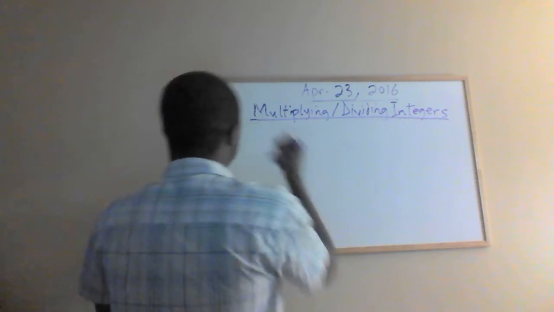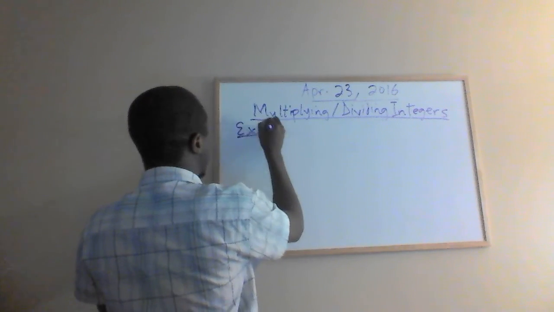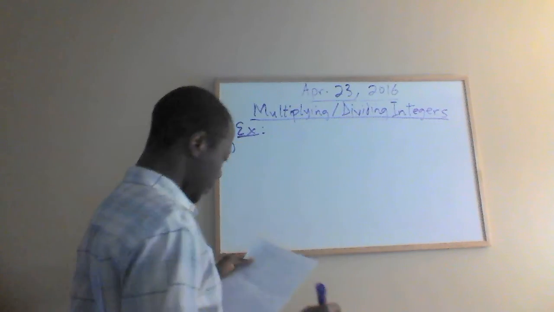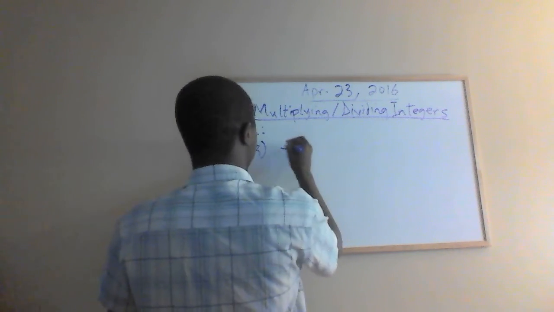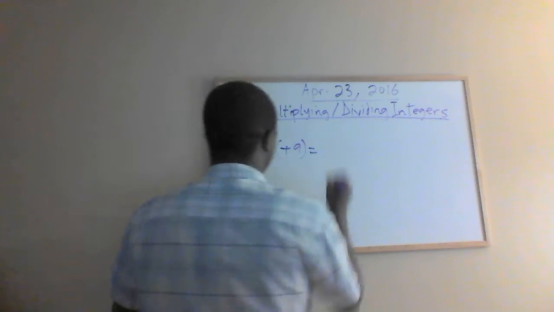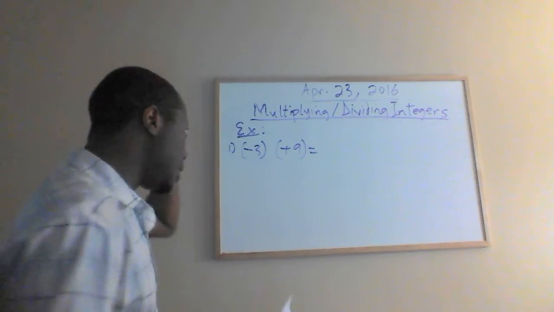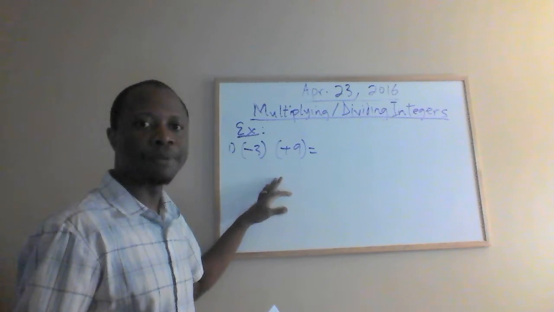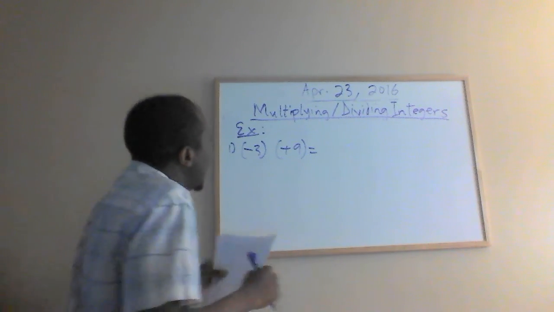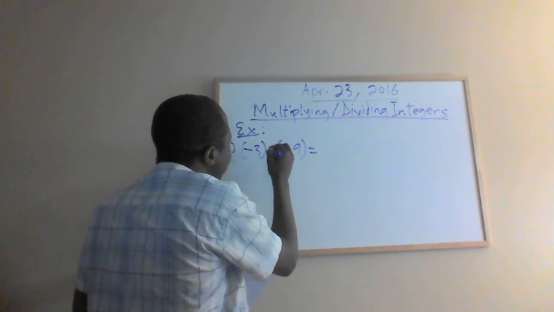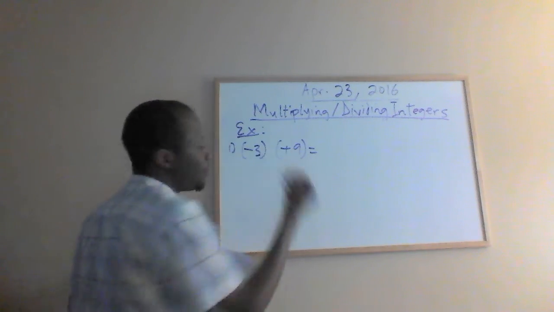So, example 1. I'm going to use my brackets here to represent multiplication. If I like, I can also put a multiply sign here, and that will be fine.